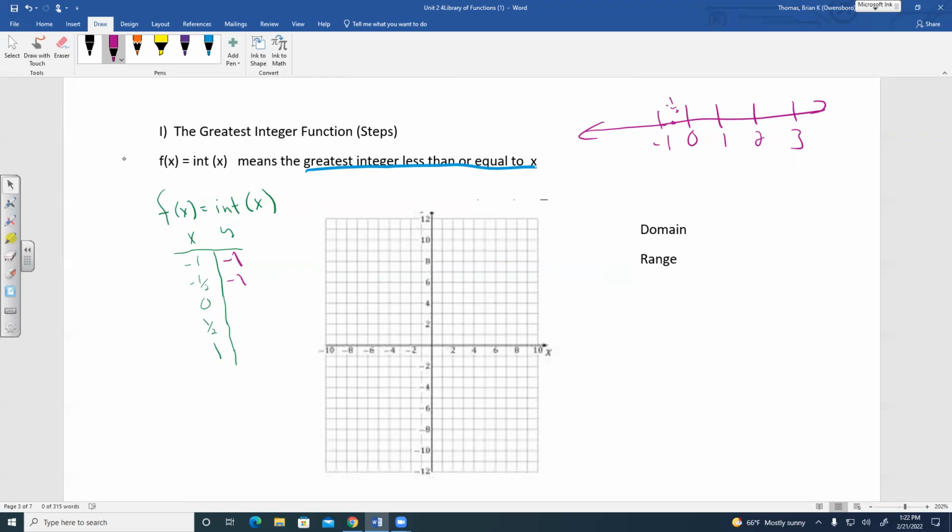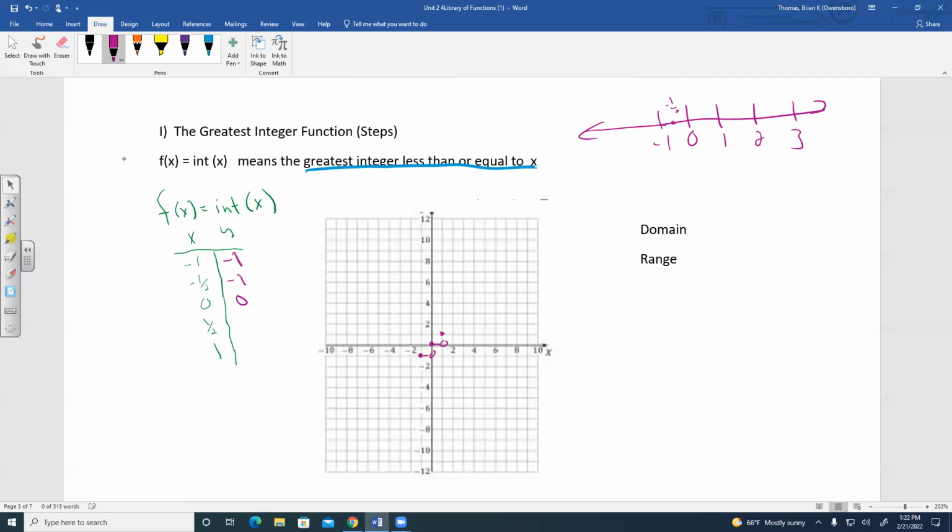So when we start to sketch this, we see that we have this (-1, -1), but all the answers stay there until you get to 0. When you get to 0, the greatest integer less than or equal to 0 would be 0. So that puts me up to this spot right here. You're going to stay on 0 until you get to 1, and when you get to 1, you're going to jump up to 1.